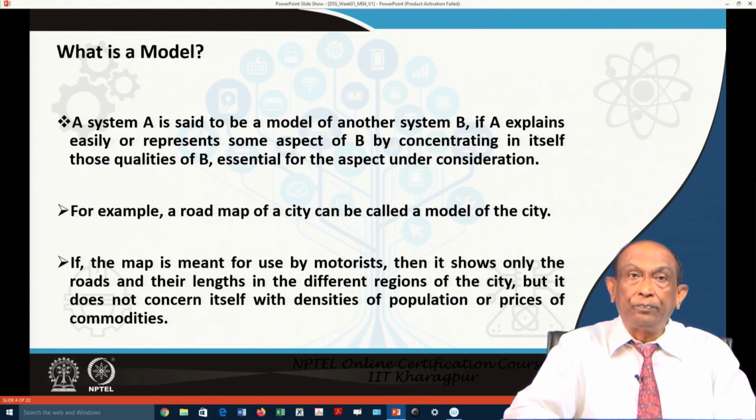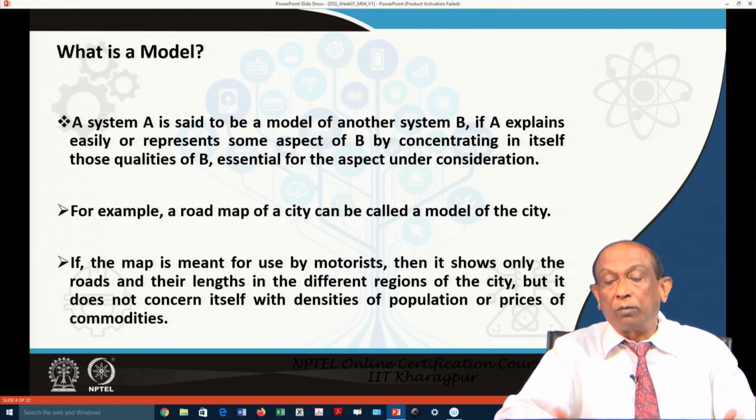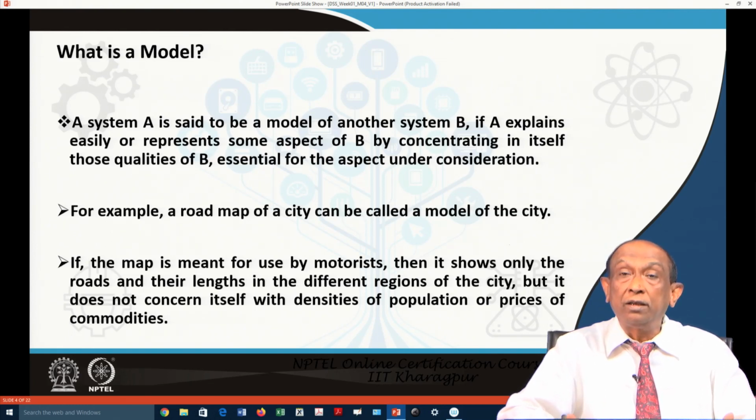For example, a road map of a city can be called a model of the city with respect to the problem that is getting studied.